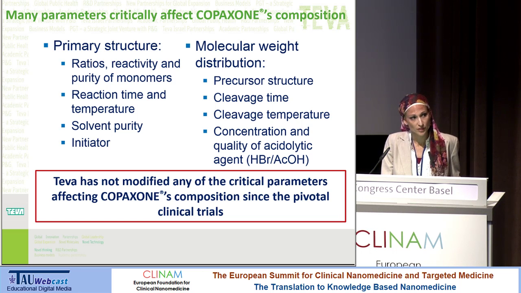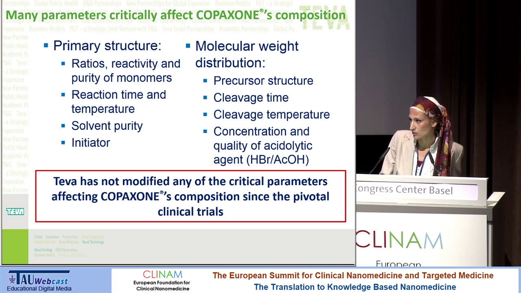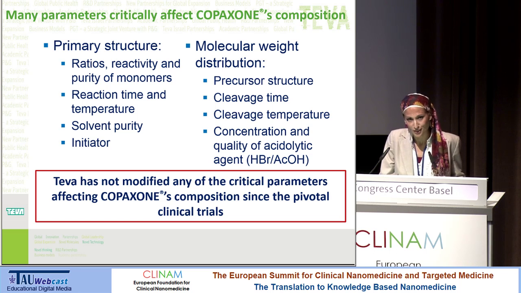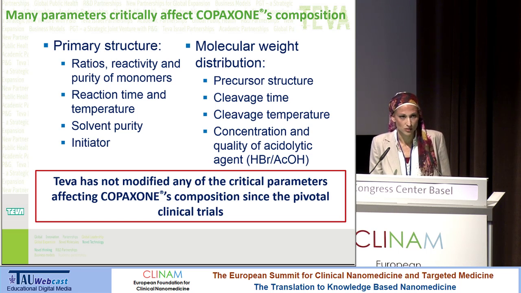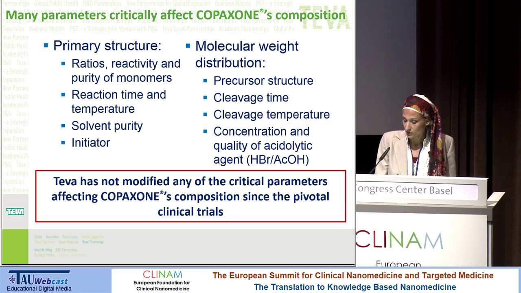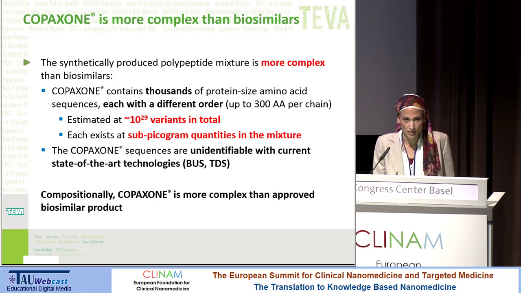And so it is for these reasons that Teva has not modified any of the critical parameters that affect Copaxone's composition since the pivotal clinical trials in the early 90s. And so Copaxone is clearly more complex than small molecules, but it is in fact more complex than many biologics, and certainly than all approved biosimilars to date.